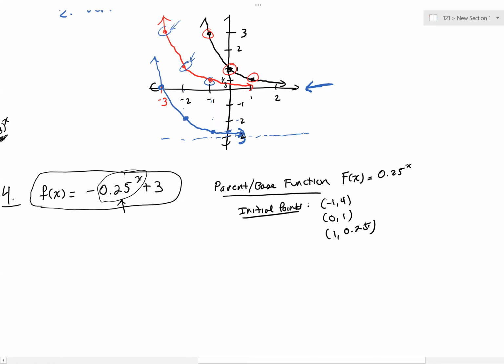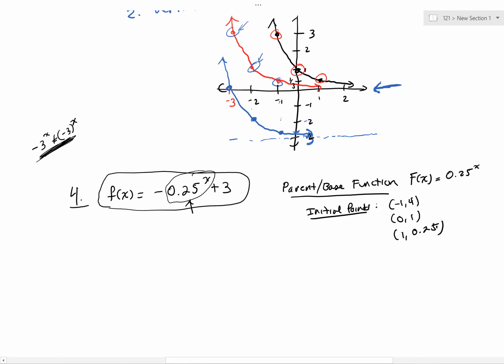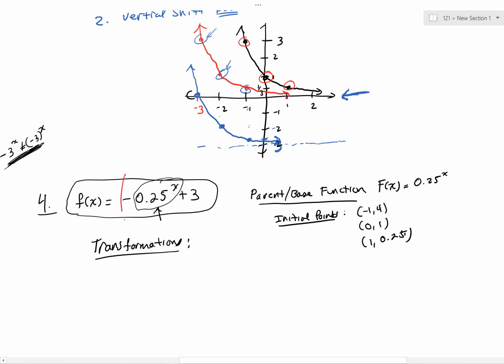So what transformations are we looking at here? Well, let's compare this to the parent function. What's different between this expression and this expression? Looking at the exponent, is there any difference between them?